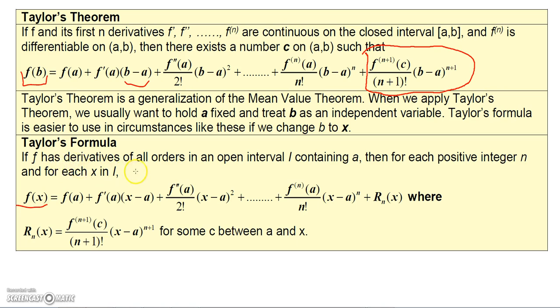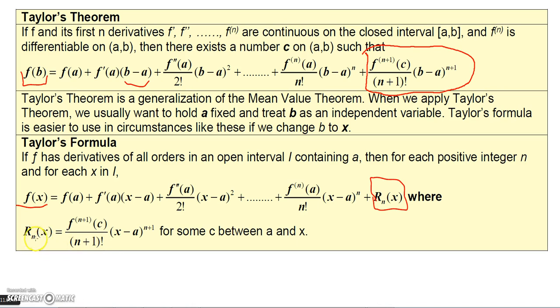So if f has all the derivatives that are needed in an open interval containing a, then for each positive integer n and for each x in the interval, f of x is equal to f of a plus f prime of a times x minus a plus f double prime of a over 2 factorial times x minus a squared plus so on, all the way out to the nth term over n factorial times x minus a to the n, plus r sub n of x. Now this r sub n of x is what takes up the slack. That's the remainder term, okay?